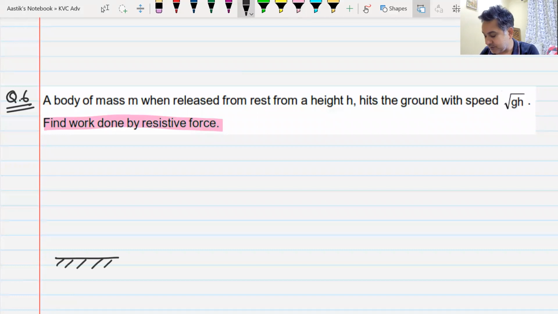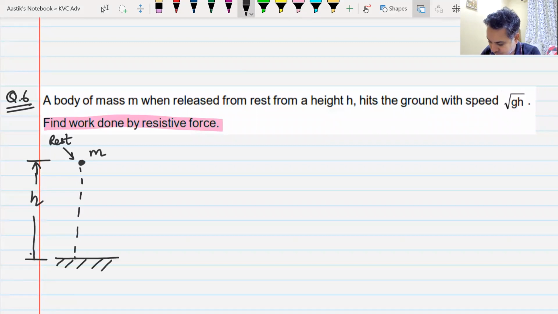Draw a diagram and see what is happening. This is here at rest. Velocity is 0. It falls here. This height is h. It falls here.